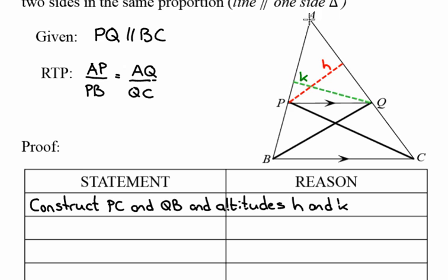So I'm going to start off by looking at the area of APQ divided by the area of BPQ. Now notice for both those triangles the altitude is K.